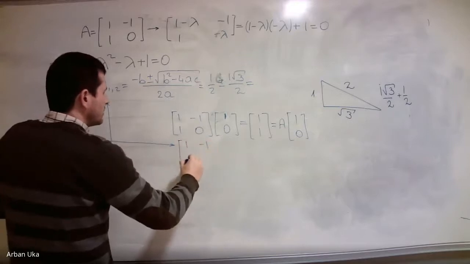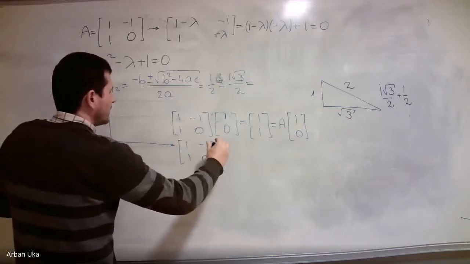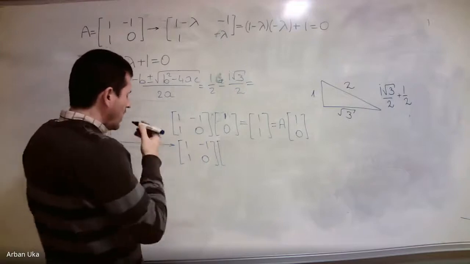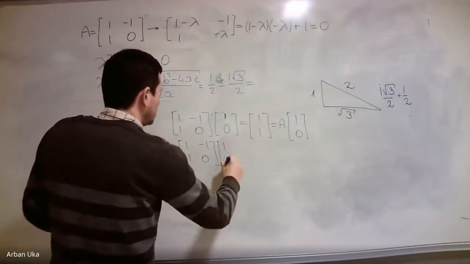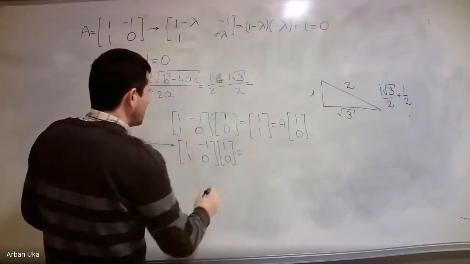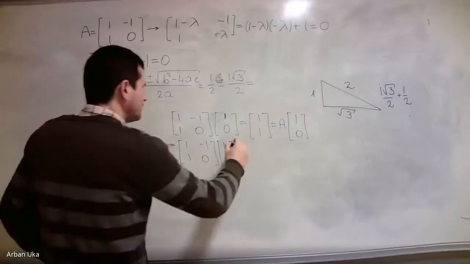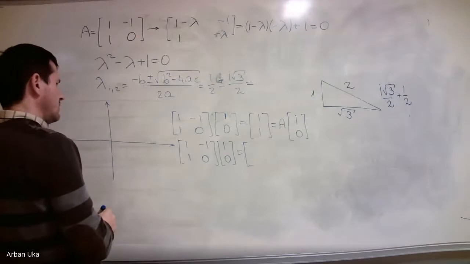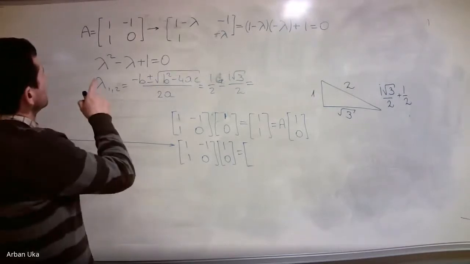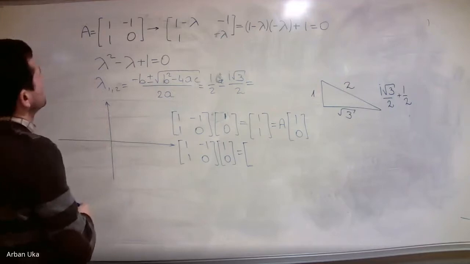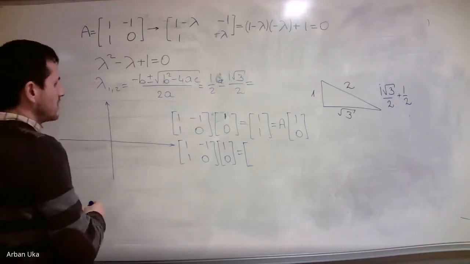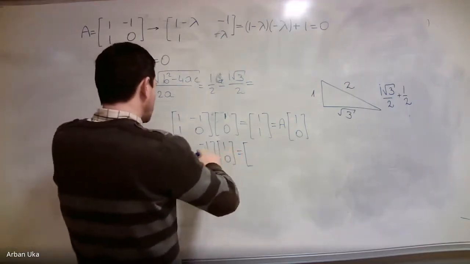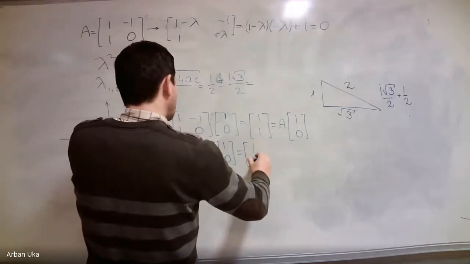Then we can multiply this again. 1 minus 1, 1, 0 with a vector which is 1, 0, and this is equal to, what is this? Is this the matrix I gave to you? Okay. This should be plus 1. Yeah, this is the only possible case. So what we get here, this is 1, 1.